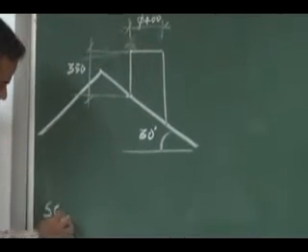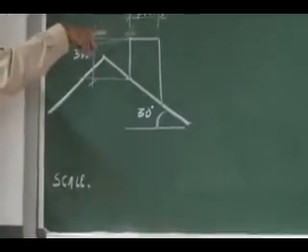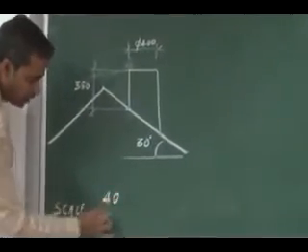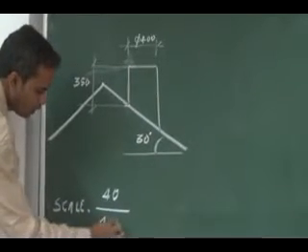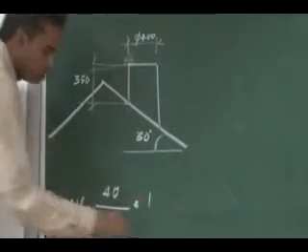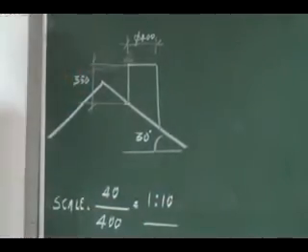So the scale you are going to adopt: we are going to draw it as 40, so drawn size by actual size. Drawn size is 40, actual size is 400, so it will be 1/10. Your scale is 1:10.